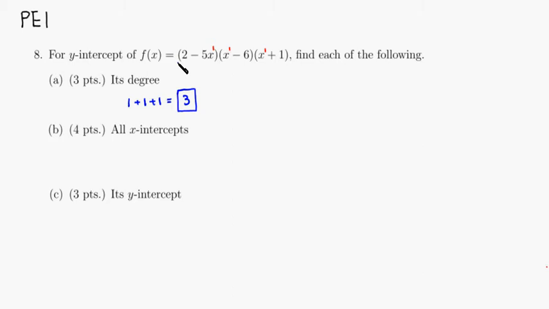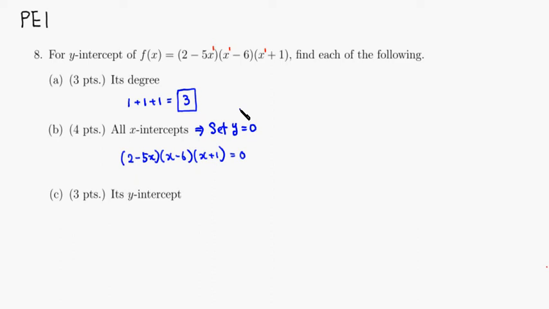If you want to find the x-intercepts, what you need to do is always set the other variable equal to 0. So you want to set y equal to 0. Y means the function value. So f of x is 2 minus 5x times the quantity x minus 6 times x plus 1, and we're going to set that equal to 0.